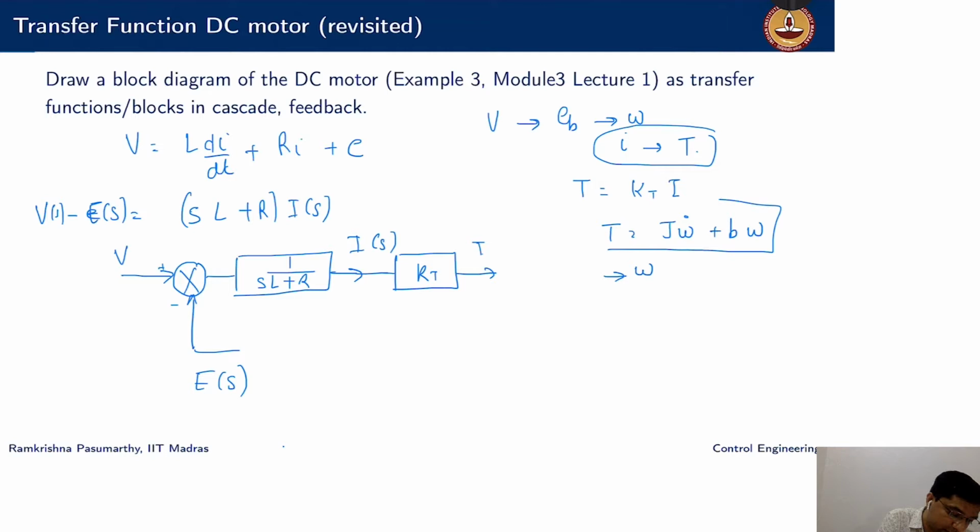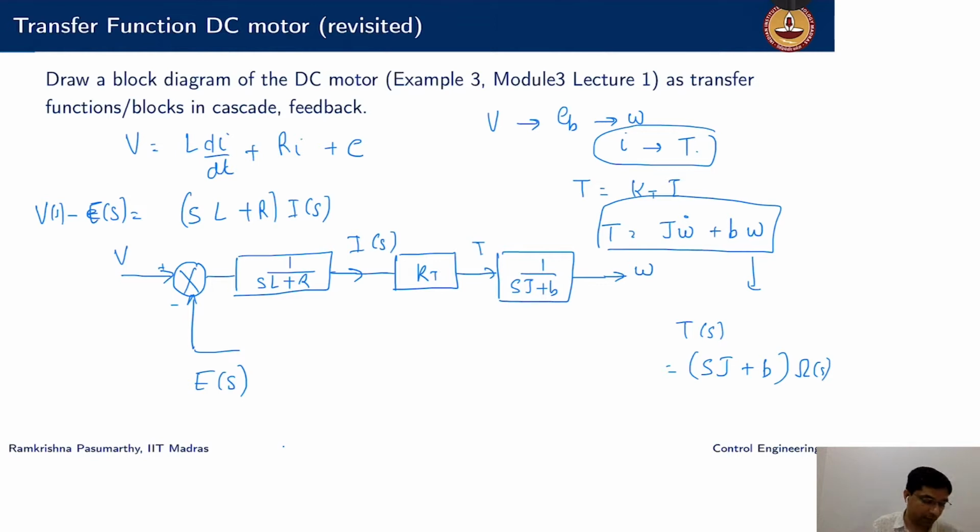If I write down the Laplace transform, T of S is (sJ plus B) times omega of S, which means T multiplied by 1 over (sJ plus B) gives me omega.